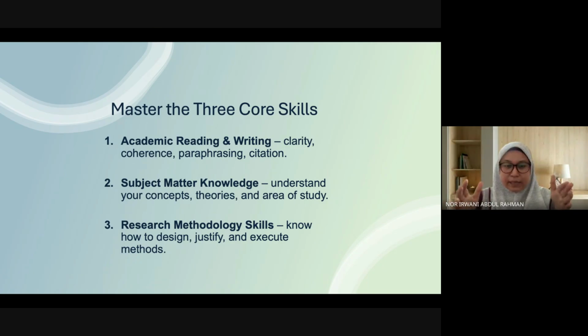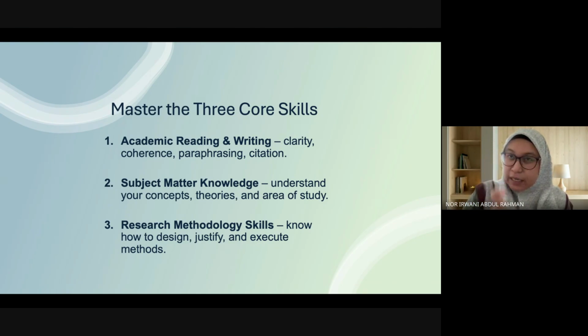That is your subject matter knowledge. So you should understand your key terms, your concepts, theory, and area of study by readings. Everything starts with the readings. And then the research methodology skill.